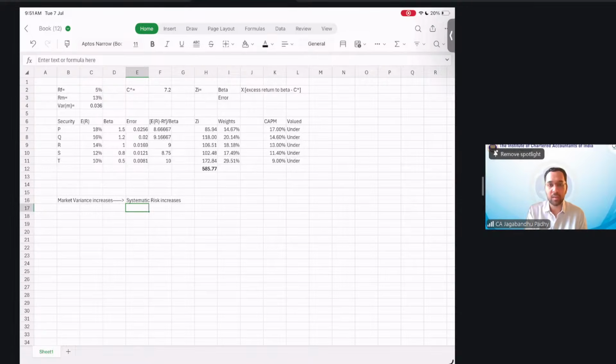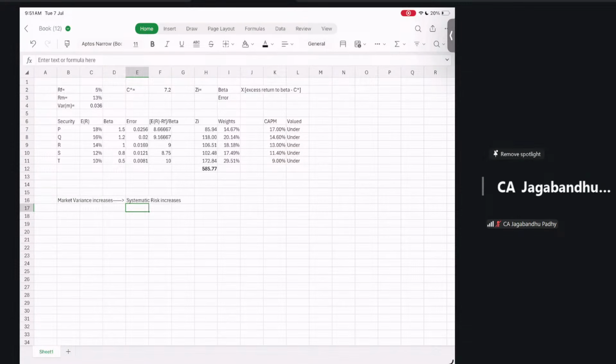If the market variance increases, systematic risk is going to increase.